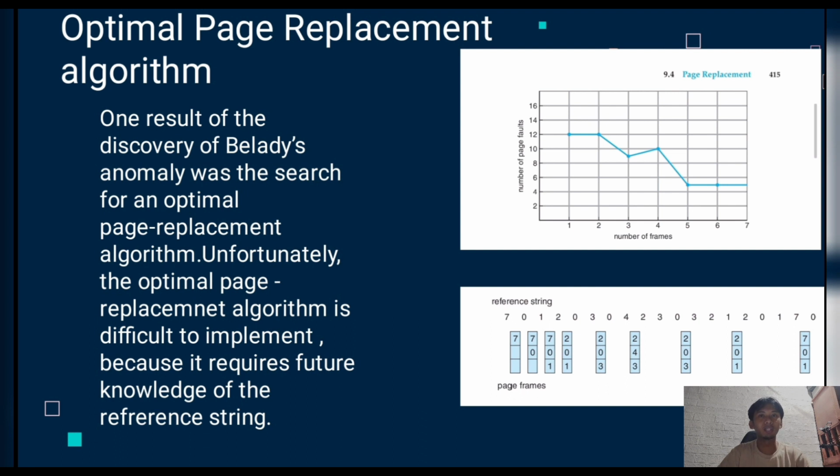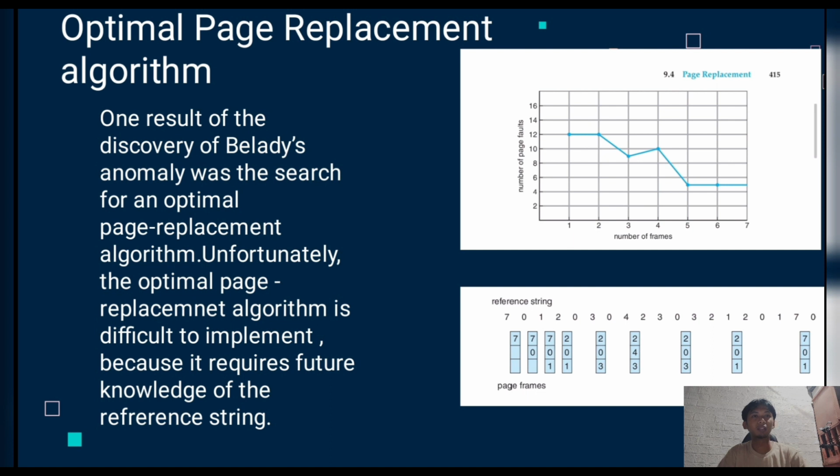The first 3 references cause faults that fill the 3 empty frames. The reference to page 2 replaces page 7, because page 7 will not be used until reference 18, whereas page 0 will be used at 5, and page 1 at 14.